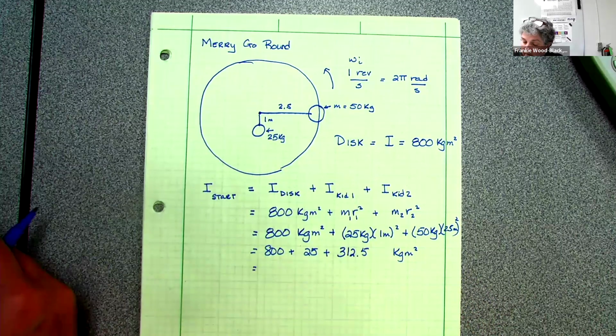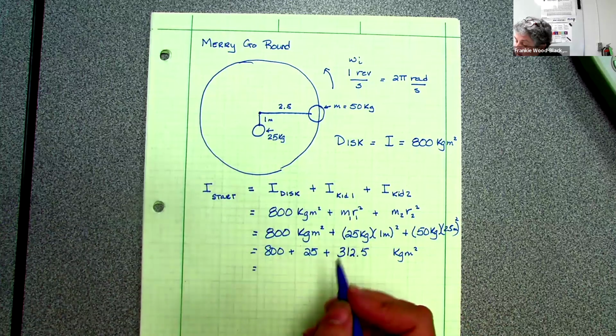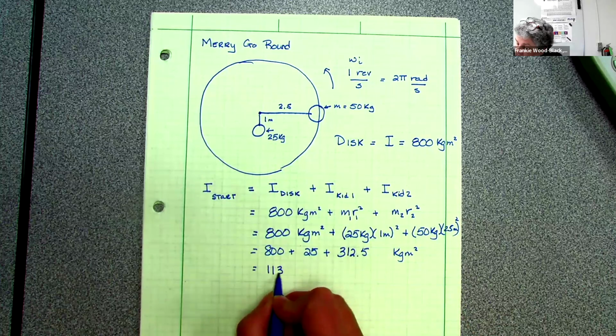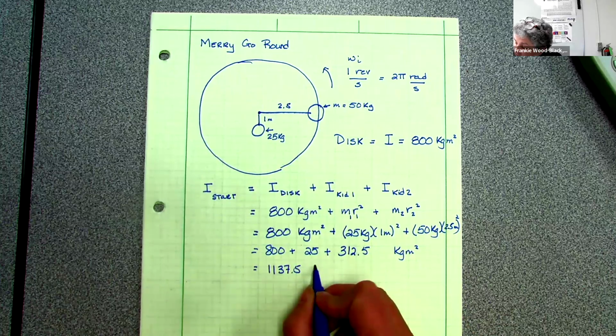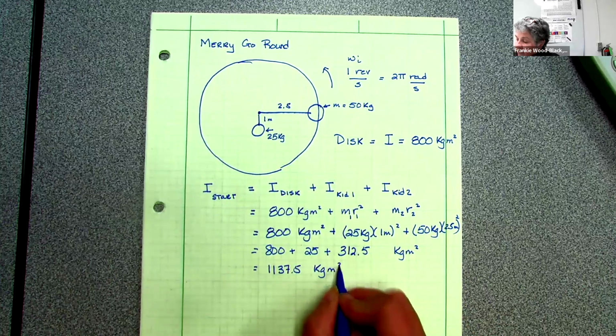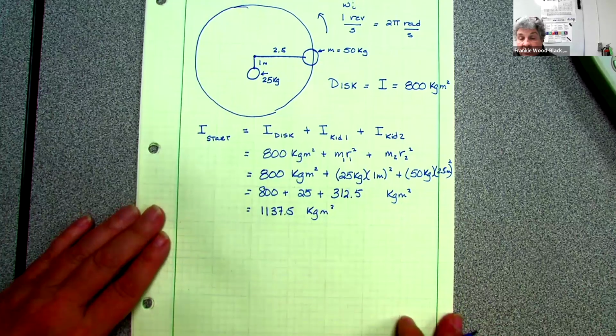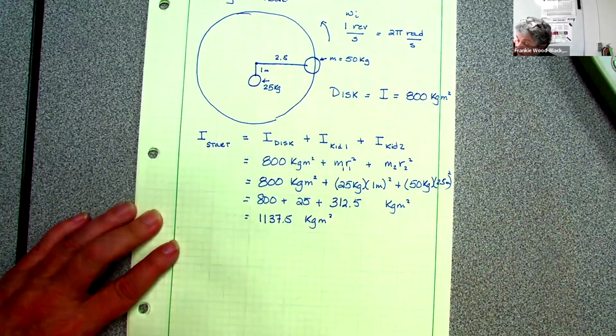So now I have 1,037.5 kilograms meters squared.